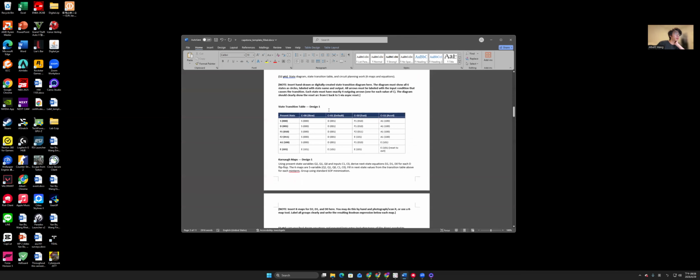And the transition table. It starts from S, 000, and when C equals 0, there is no change.